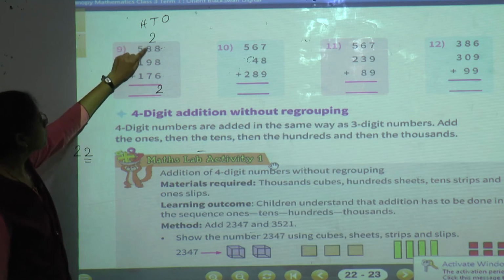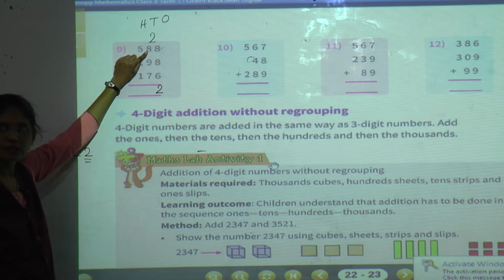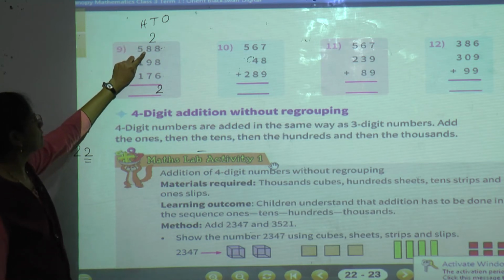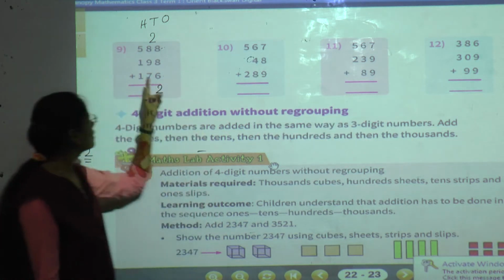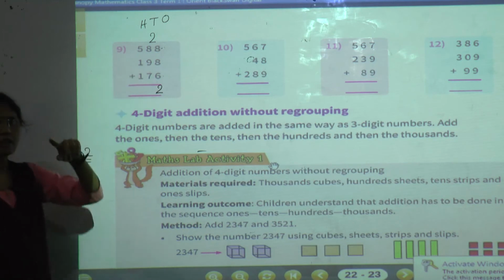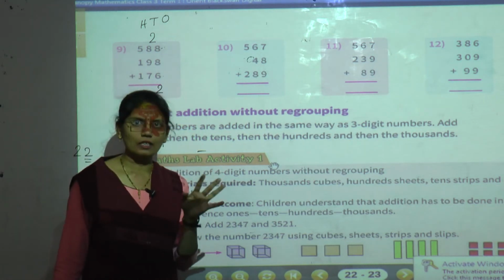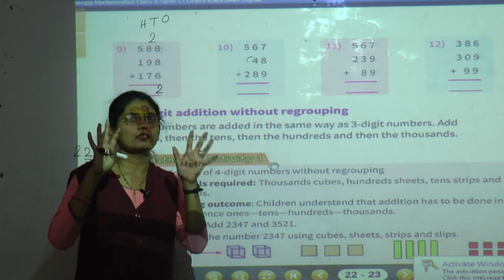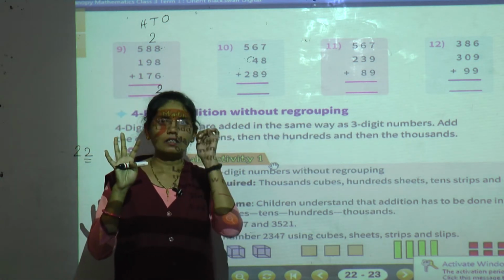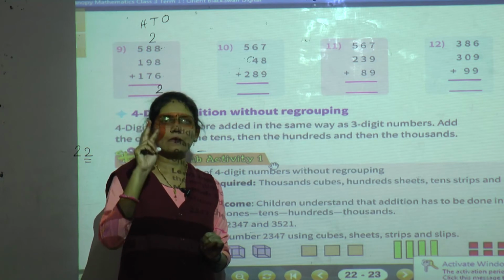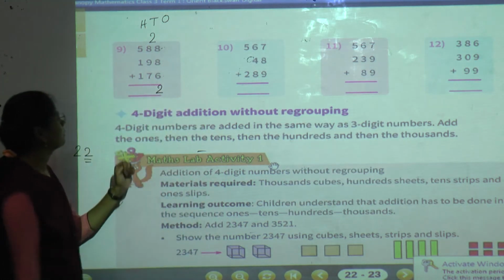Now 2 plus 8. Yes, 2 plus 8, 10. Now keep 10 in your mind and see the 9 is there. Show your 9 fingers. Now after 10, count your 9 fingers. Yes, 11, 12, 13, 14, 15, 16, 17, 18, 19.